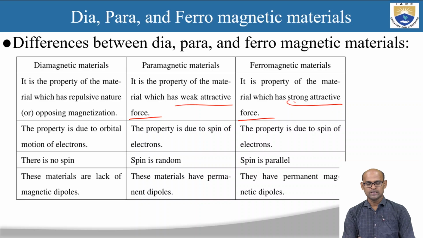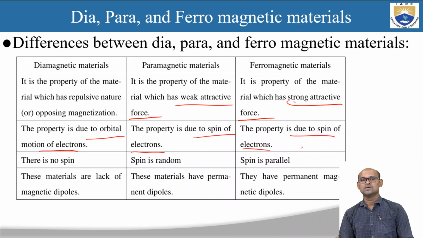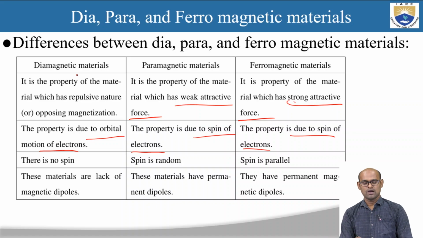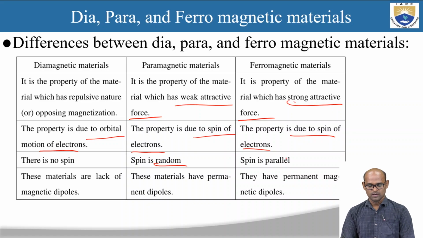The magnetic moment in diamagnetic material comes from the orbital motion of electrons, whereas the magnetic moment in paramagnetic material comes from the spin of electrons. In ferromagnetic materials also it is due to the spin of electrons. Diamagnetic materials have no spin, in paramagnetic materials the spins are random, and in ferromagnetic materials all the spins are parallel.